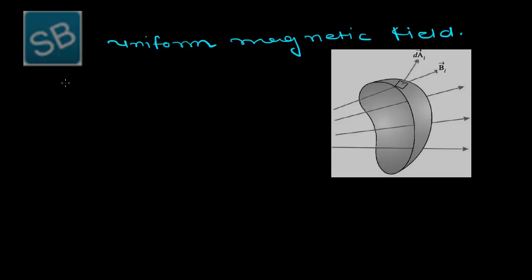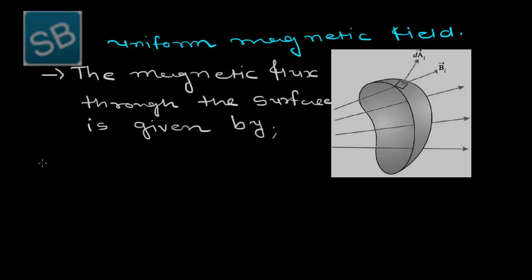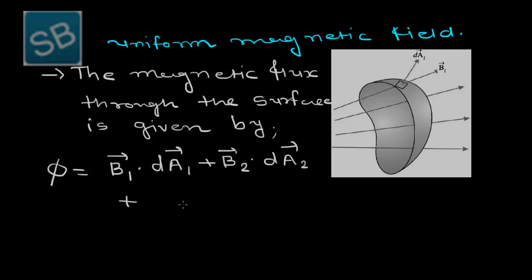And for that, the magnetic flux through the surface is given by phi is equals to B1 dot dA1 plus B2 dot dA2 plus B3 dot dA3 plus so and so.